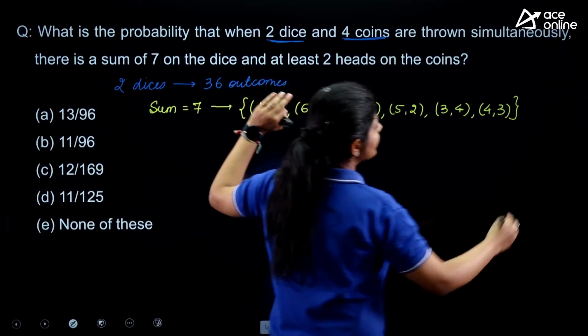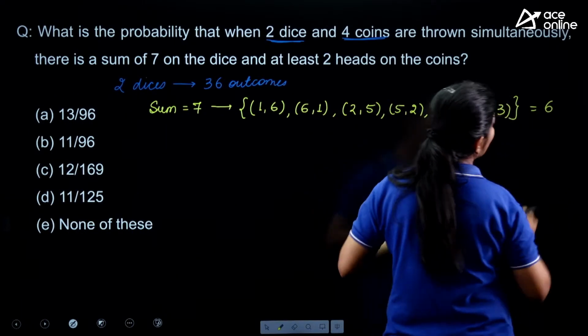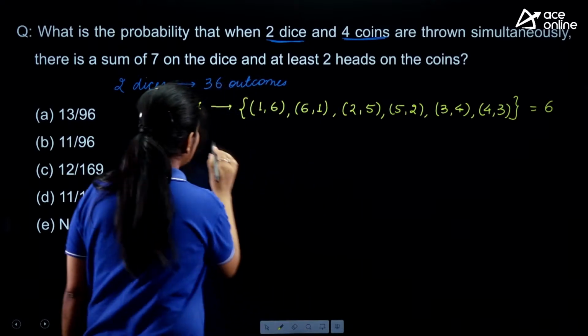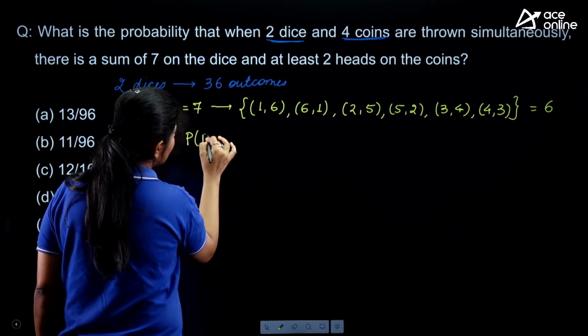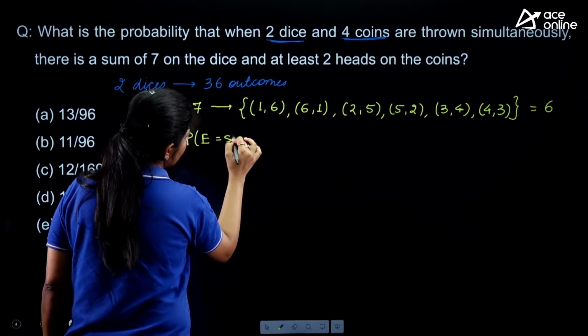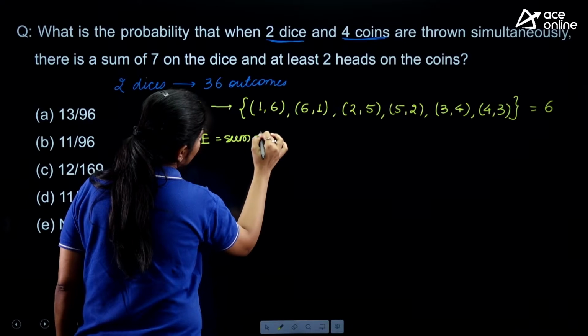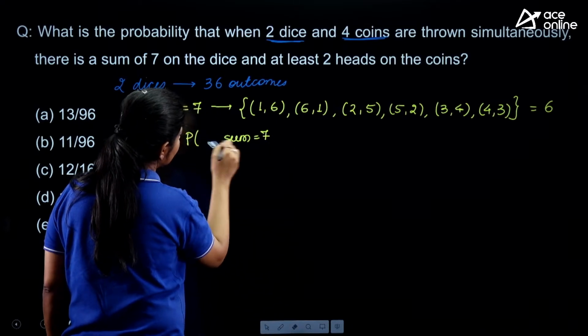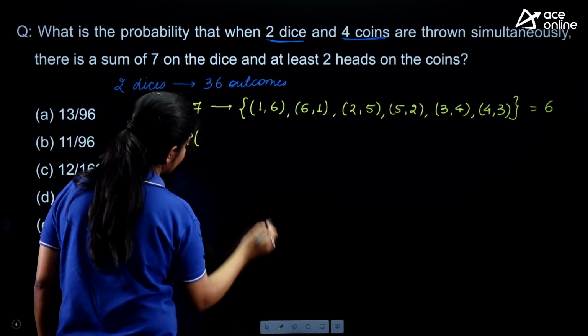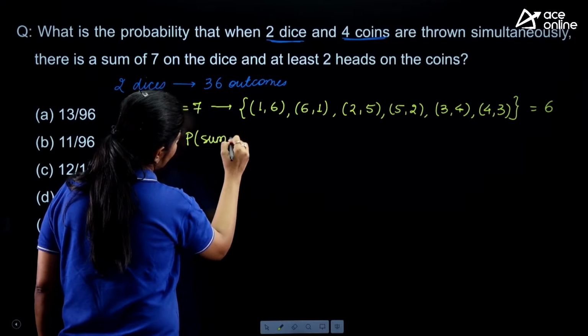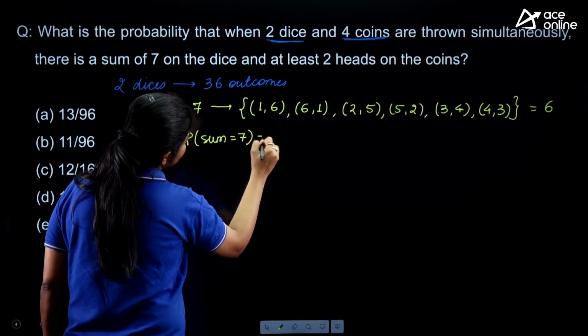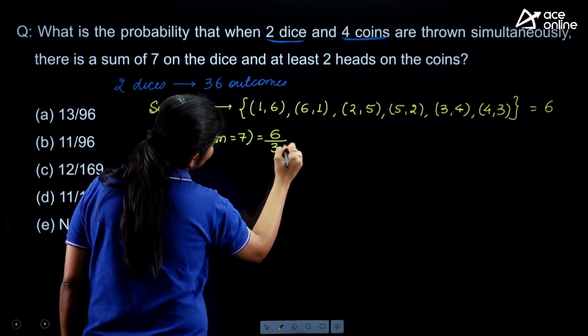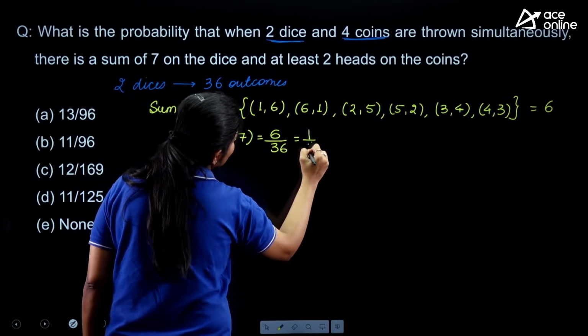So out of 36, only 6 cases are favorable. So the probability of getting a sum equal to 7 is nothing but 6 by 36, and that is nothing but 1 by 6.